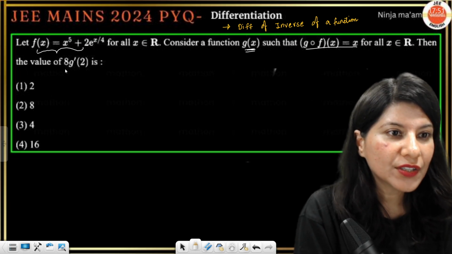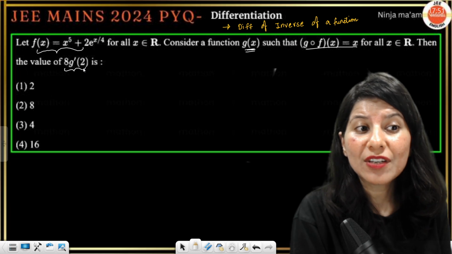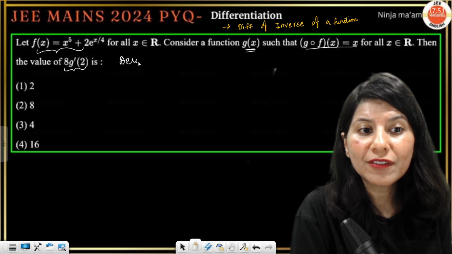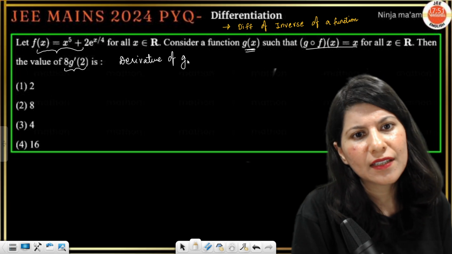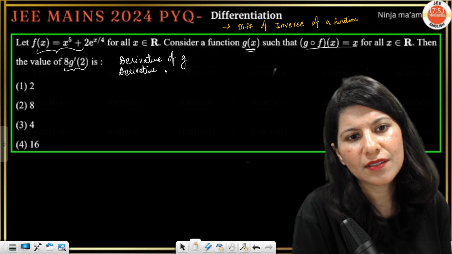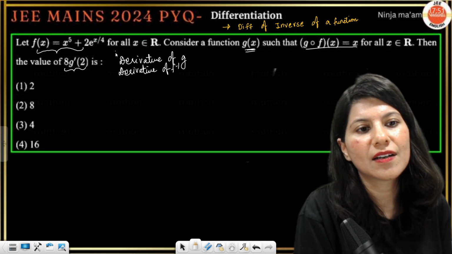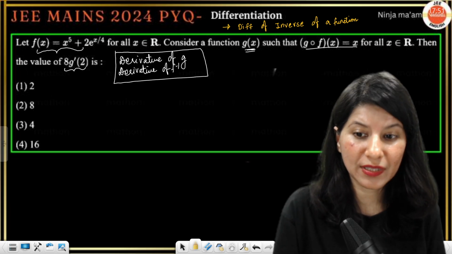Now we are looking for 8g'(2). That means we are looking for the derivative of g, that means the derivative of f inverse, because g and f are inverse of each other.